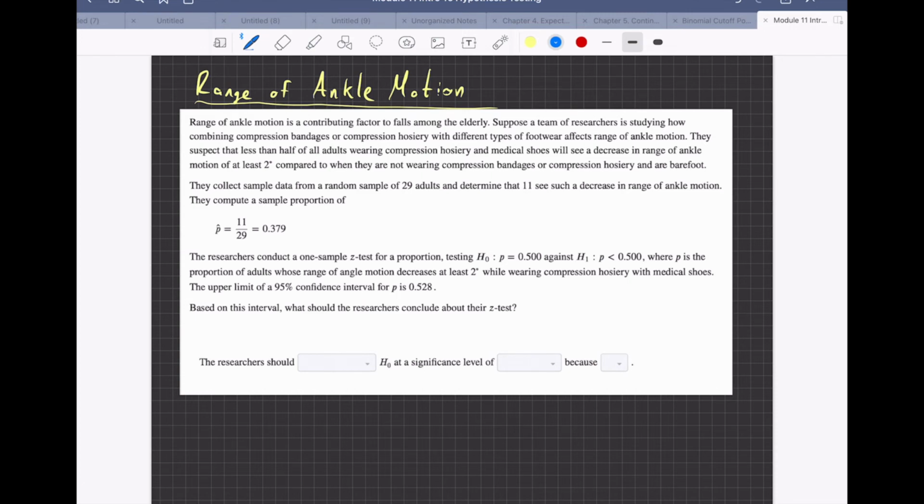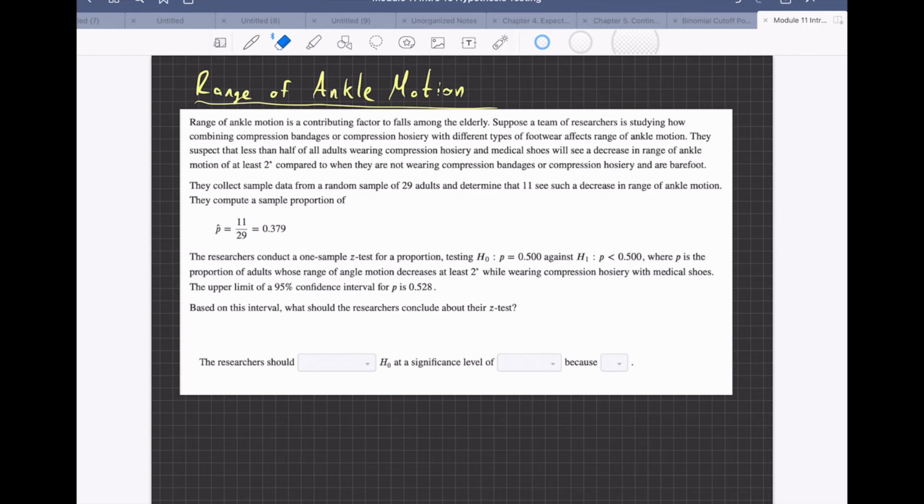It says range of ankle motion is a contributing factor to falls among the elderly. Suppose a team of researchers studying how combining compression bandages or compression hosiery with different types of footwear affects range of ankle motion.